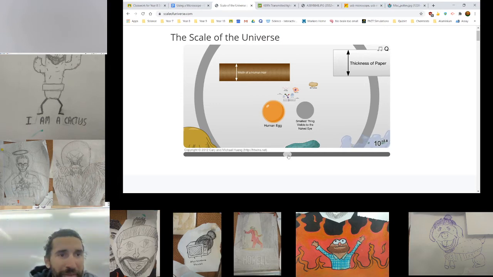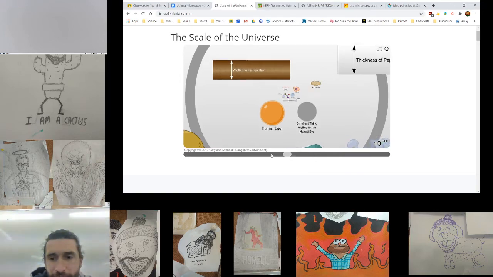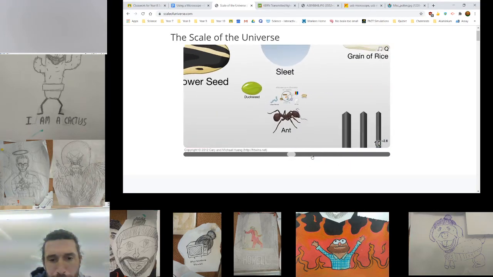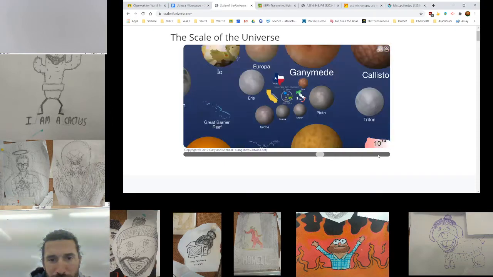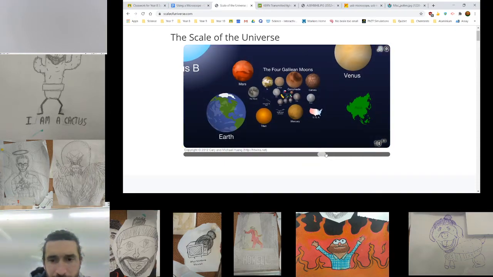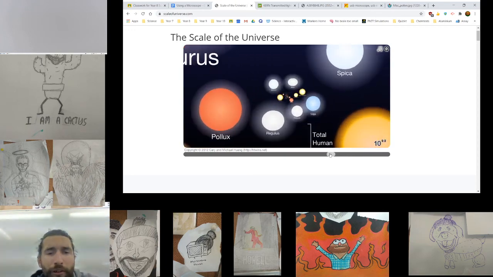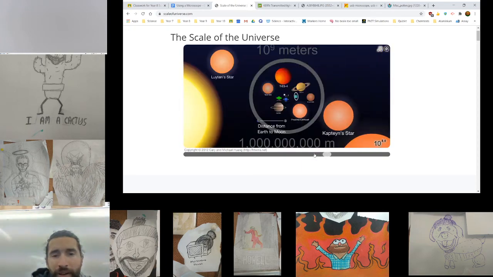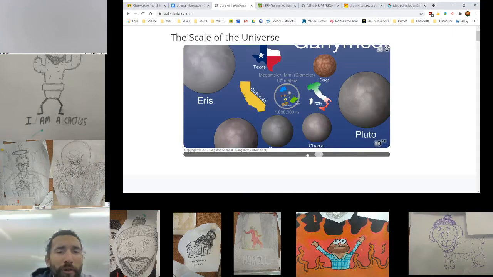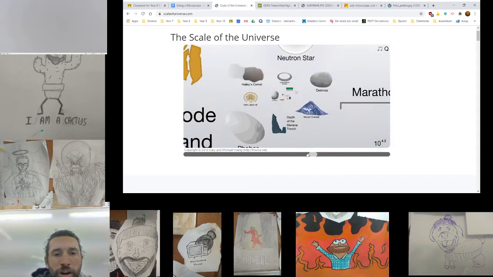So what can you see with a microscope? Well, this website here called Scale of the Universe looks at things from the very, very big to the very, very small. The very big stuff out here are moons, planets. If you go even further, we have suns and stuff. But we're looking for microscopic things. So let's zoom in. We'll see what's the smallest thing that you can see with the human eye.